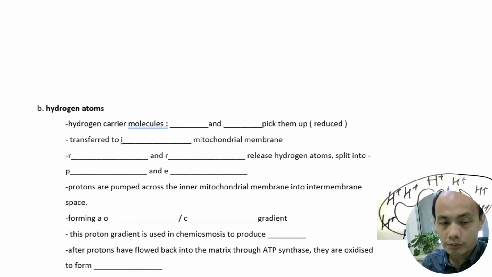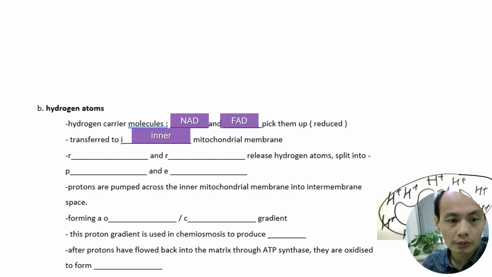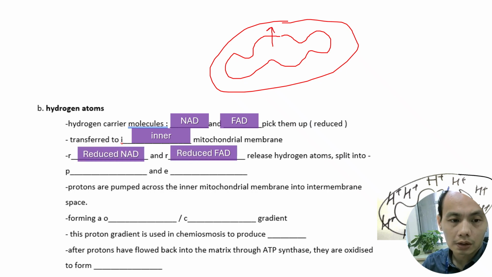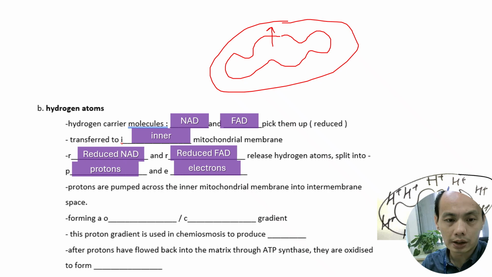Hydrogen atoms are transferred to the inner mitochondrial membrane. Then these two taxi drivers, which have been picking up hydrogen, release the hydrogen atom, which splits into proton and electron.